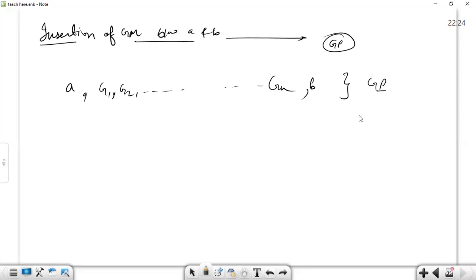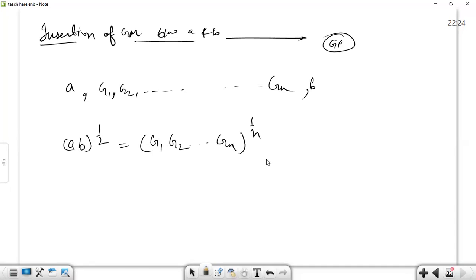This is our objective. Clear? So likewise, as we have done earlier, we know one thing for sure: the geometric mean of A and B has to be equal to the geometric mean of the middle terms. This is very important.